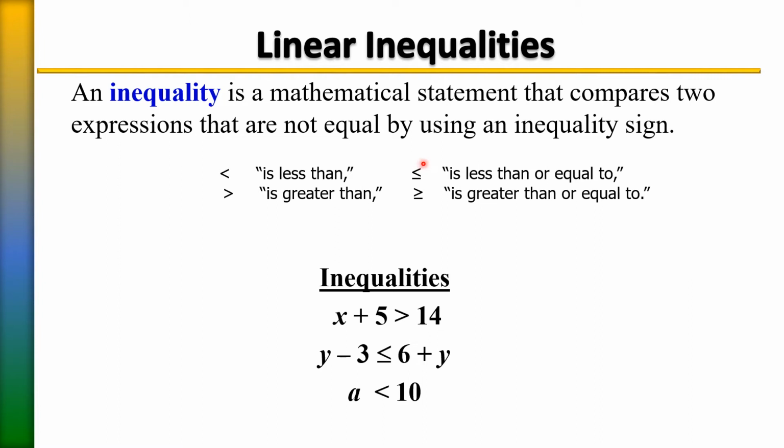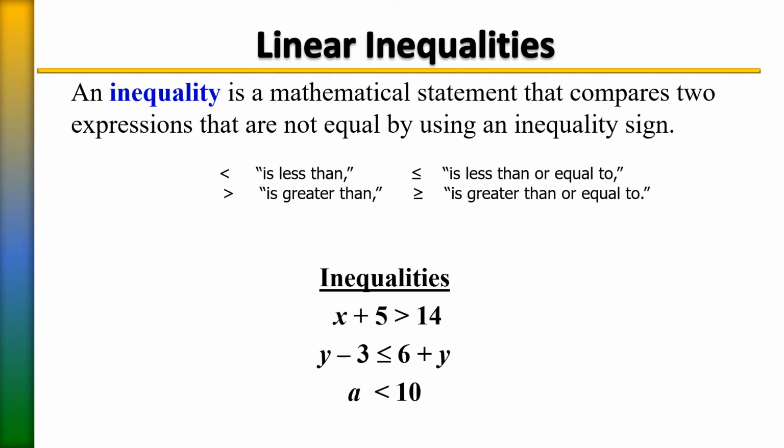This symbol is less than or equal to, and then you have greater than or equal to. One easy way to remember is that if you see a line underneath it, then it's going to have that or equal to attached, versus the other is either just less than or greater than.